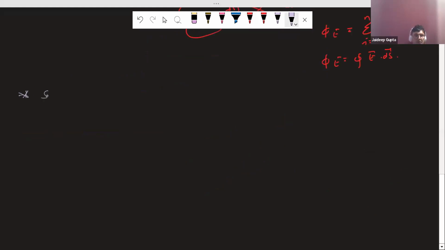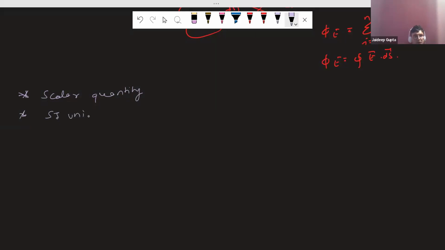Now, it is a scalar quantity. SI unit is Newton meter square per coulomb or volt meter. Done.